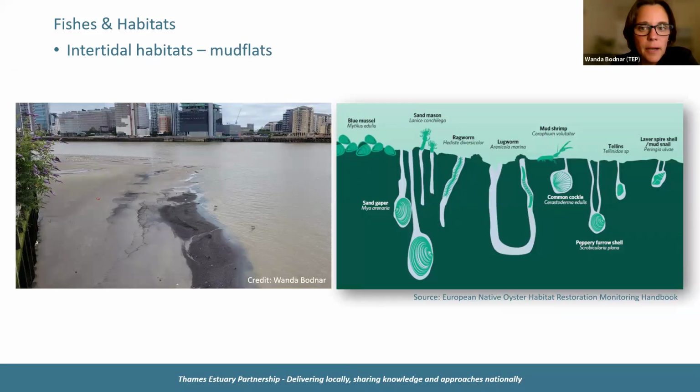So firstly, about mudflats. As I mentioned before, mudflats are home to a wide range of invertebrates that have an important role in the functioning of the ecosystem. And these habitats also provide feeding and resting areas for internationally important birds and foraging areas for fish.